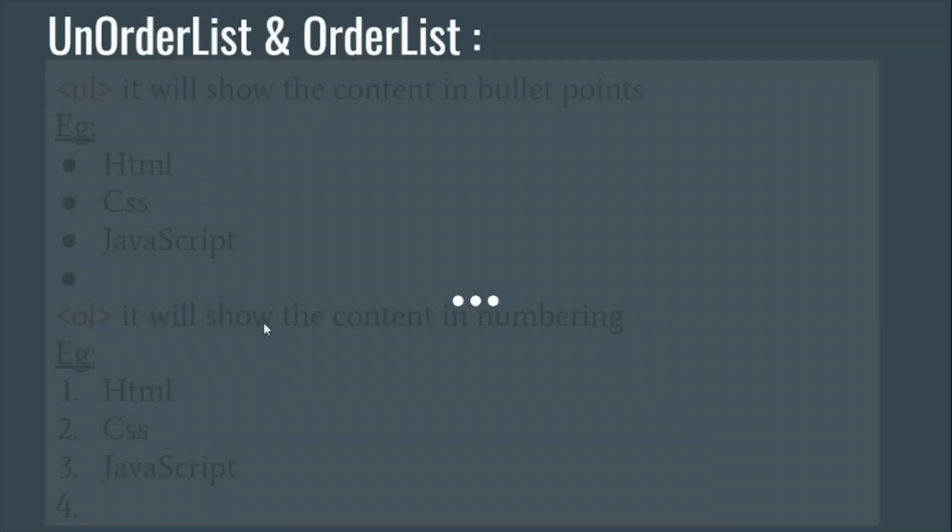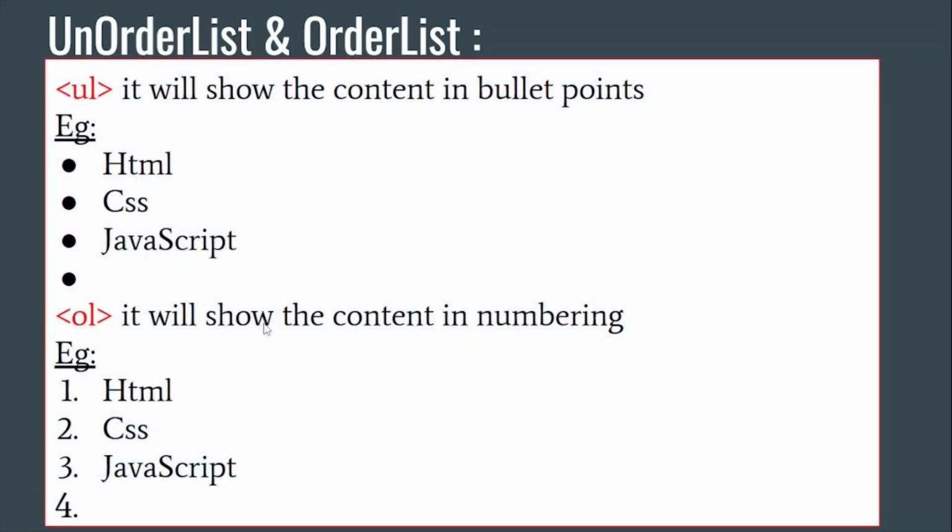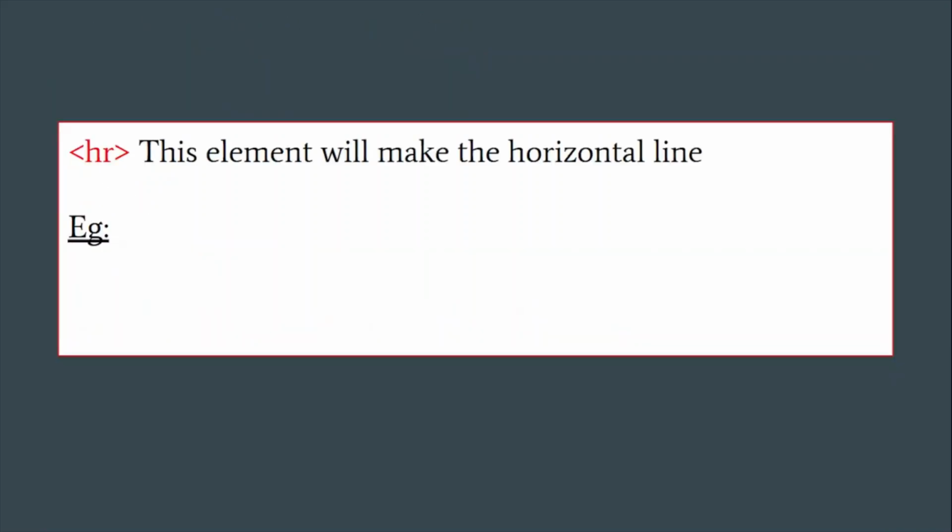You can see an example of how this works. The next tag is hr. This element will make a horizontal line. This is a horizontal line example. Let's see how all these tags can be implemented in an example.